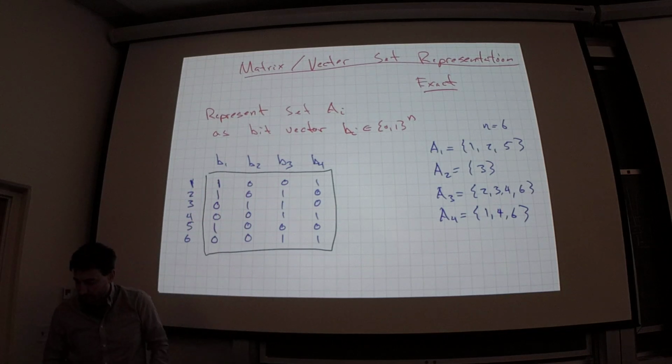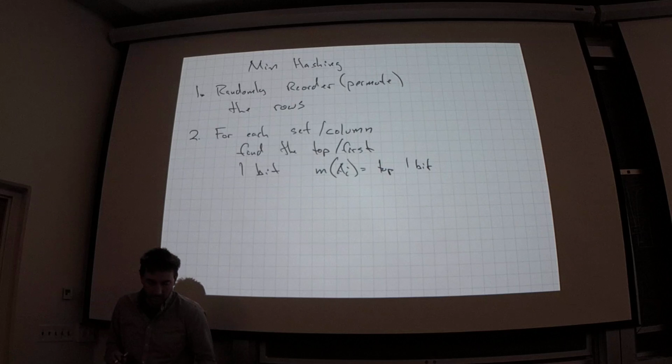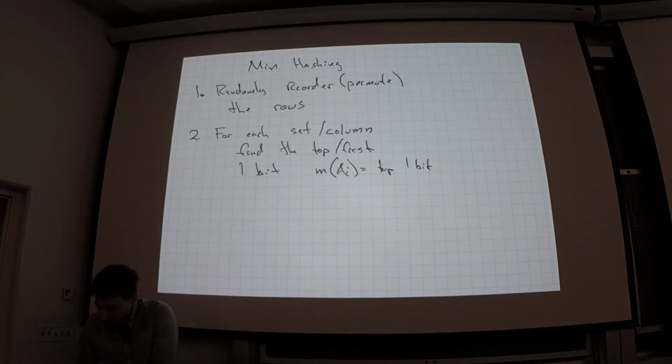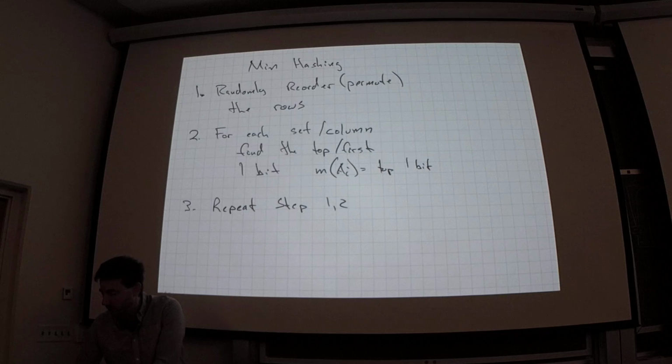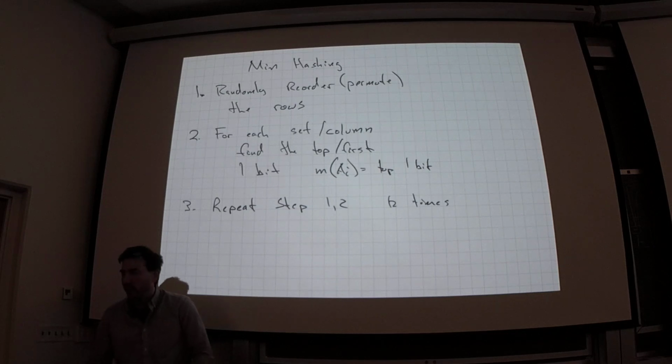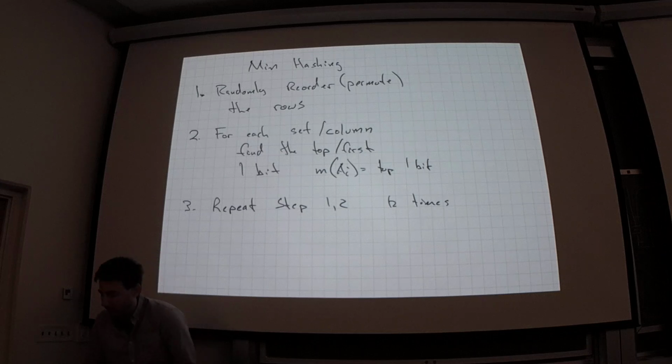I'll go through a more detailed example soon. And then 3, we're going to repeat steps 1 and 2 k times. So I'm going to get a vector.